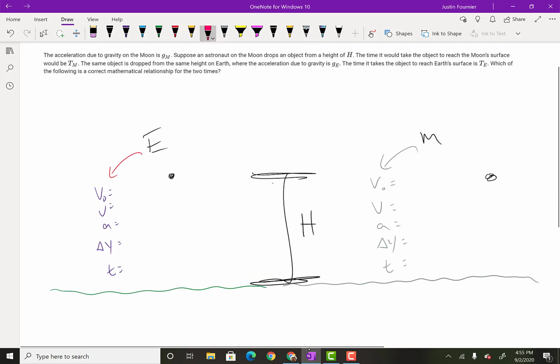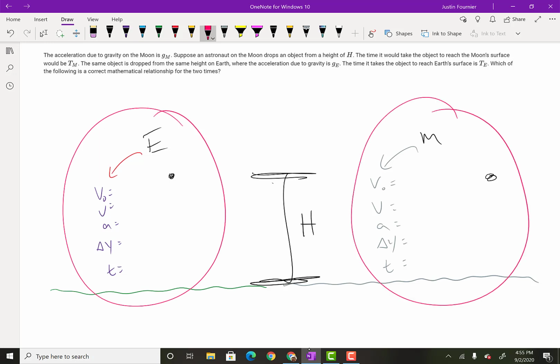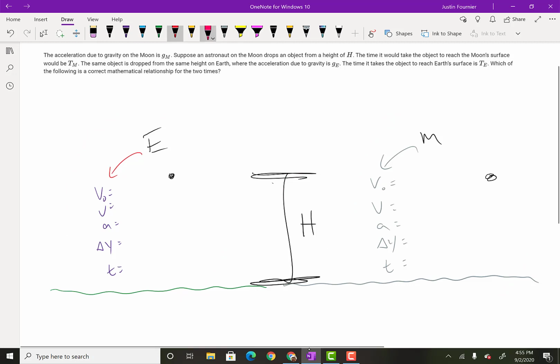So I basically have Earth stuff here, and all the moon stuff over here. They're being dropped from the same height. So the displacement here, I could call it delta y, and the displacement here is also delta y.